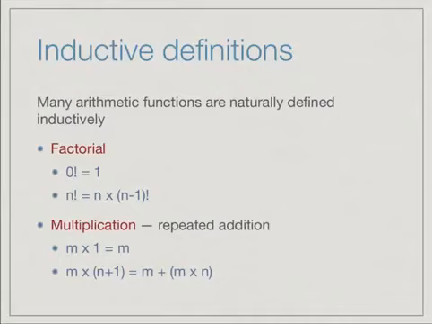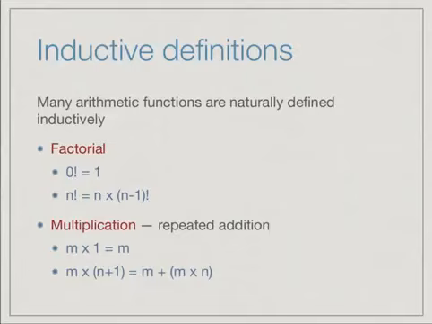We can also do this for other functions. You may remember, or you may not, that multiplication is actually repeated addition. When I say m times n, I mean m plus m plus m, n times. So how do we define this inductively? Well, we say that m times 1 is just m itself, and m times n plus 1 is m plus inductively applying multiplication to n.